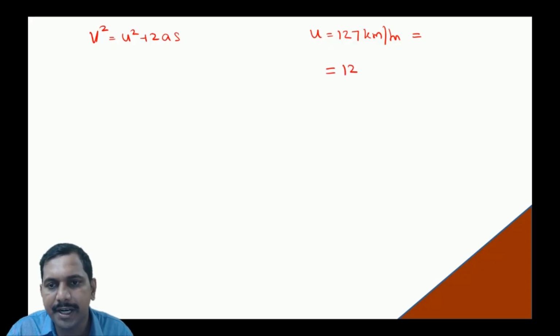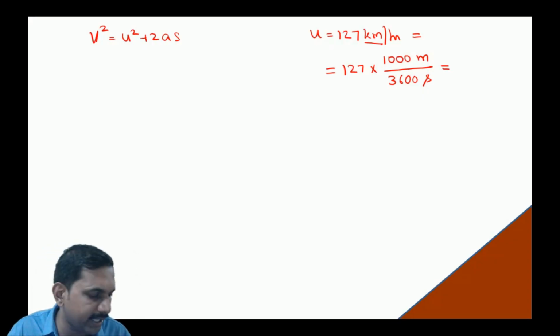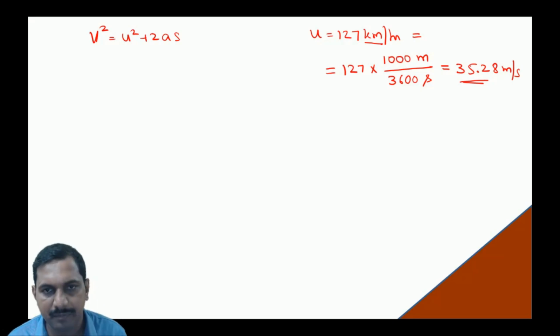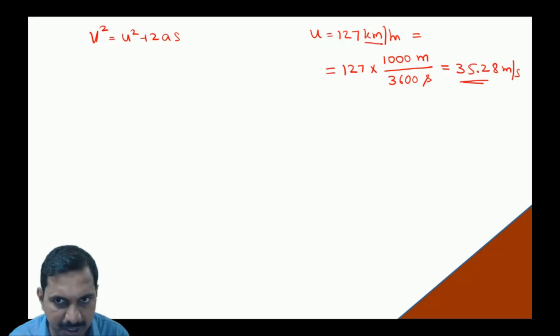We know 127. Instead of kilometer, we have to substitute meters, so it is 1000 meters. Instead of hour, I have to put 3600 seconds. 1 hour is 3600 seconds. So when I do this calculation, what I get is 35.28 meters per second would be the speed.